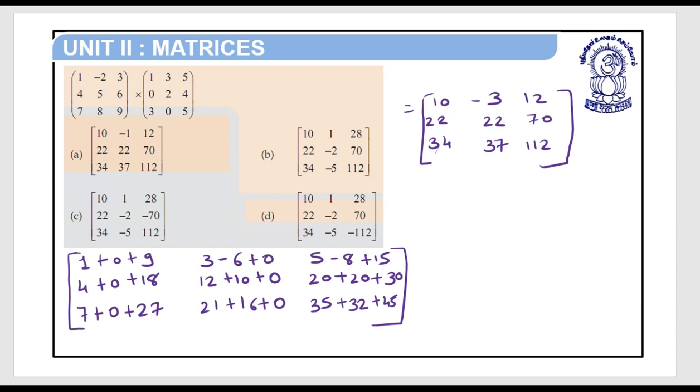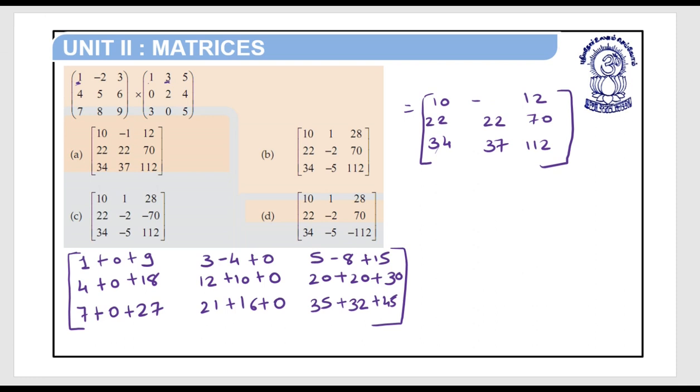For 1 into 1. For 1 into 3, 3 minus 2 2s are 4.